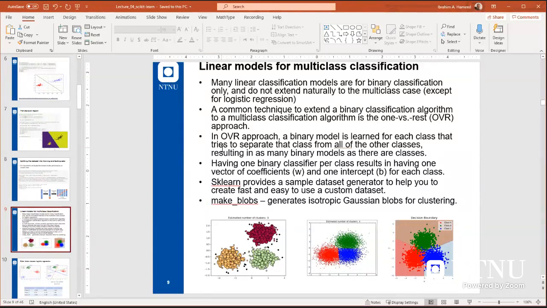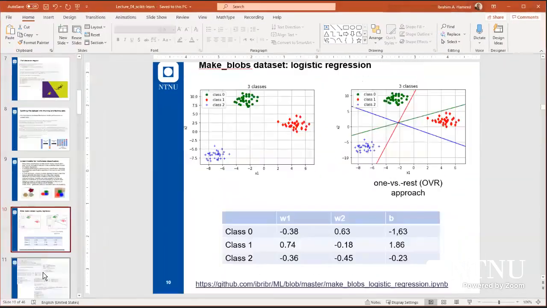One of those examples is make_blobs. make_blobs generates isotropic Gaussian blobs for clustering, so we can use this function for generating a customized data set. I will use it here for explaining how we can extend a binary classifier for multi-class classification. We have 3 classes here, which I just generated.